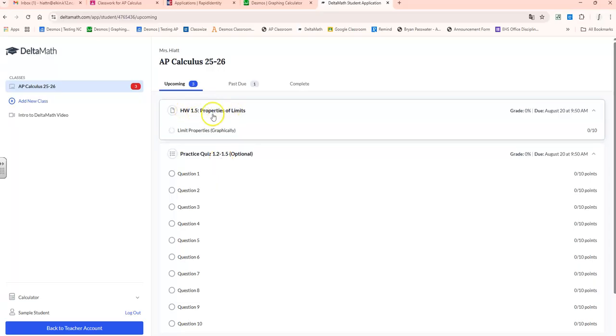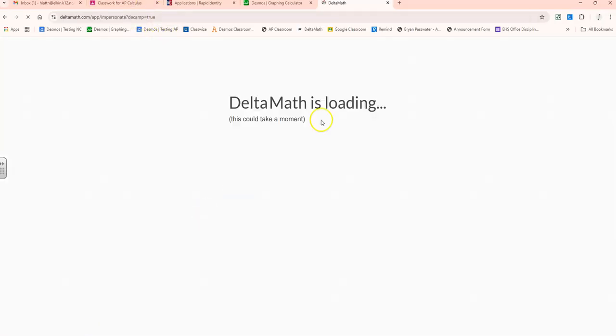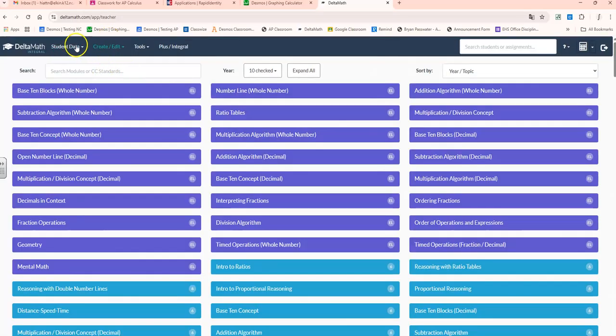The properties of limits is required. The practice quiz is optional. You can even do part of it if you want. If you just want to flip through it and be like, oh, I know how to do that, I'm going to try this one because I don't know. I think I have it set where it should show you the answer after every question on that one. Let me check and see if I did that.